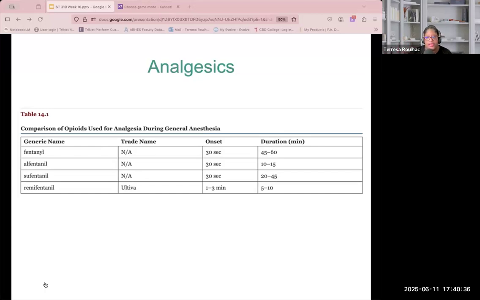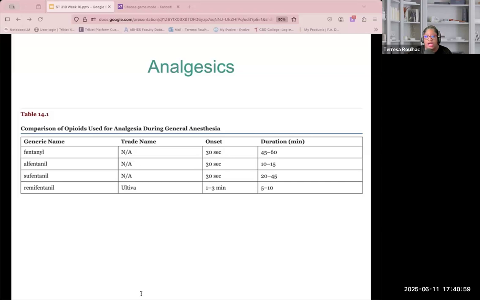Our synthetic opioids are going to be fentanyl, sufentanil, Ultiva. Now, opioids are administered during the maintenance phase. So surgery is going on and they're just trying to keep the patient stable. It's to help prevent pain and make sure that patient remains comfortable throughout the procedure.